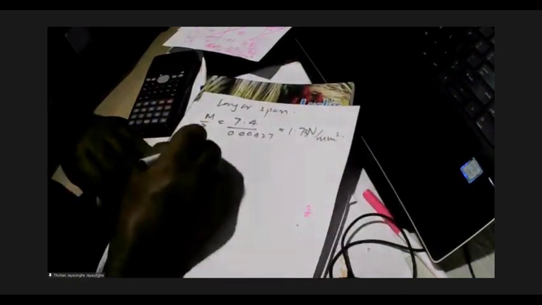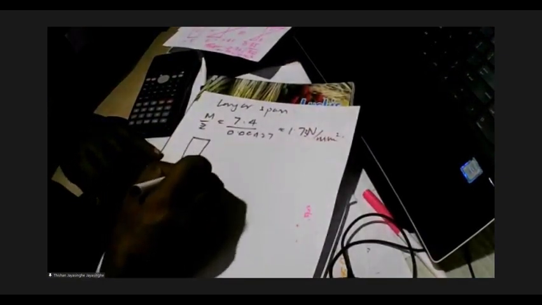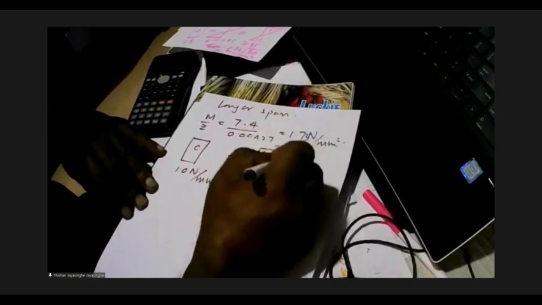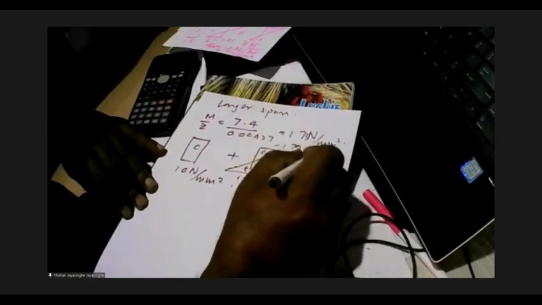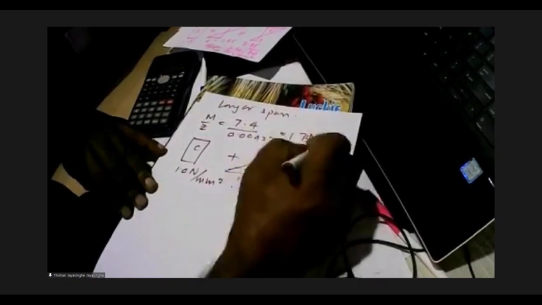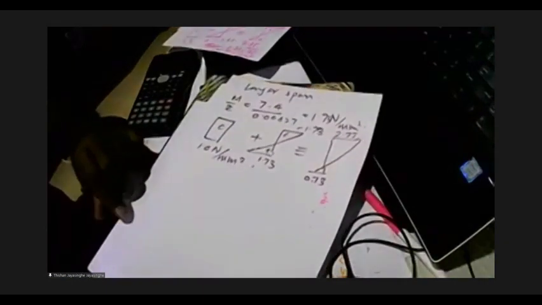So the axial stress is 1 newton per millimeter squared, and compression, tension, in the longer direction, you can see there's no big problem.